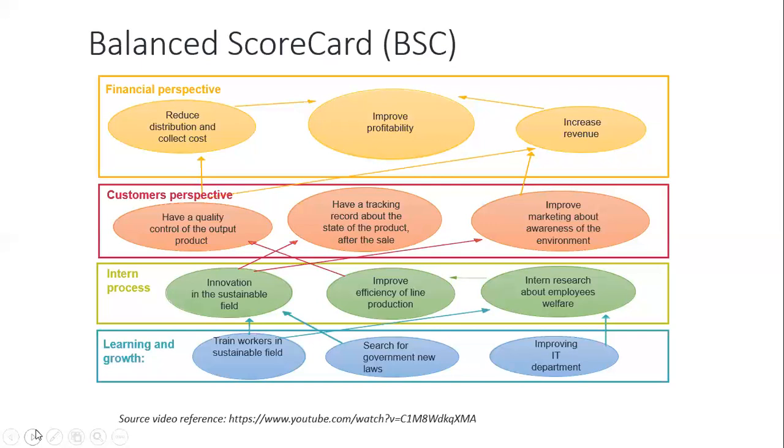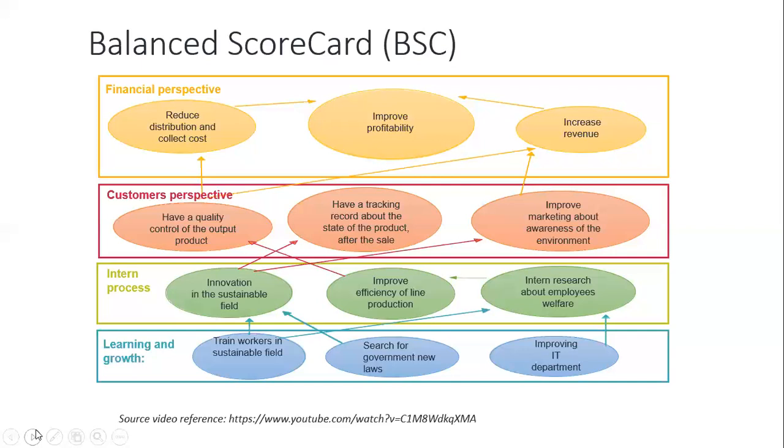And finally, the financial perspective: reduce distribution and collect cost. If we reduce the distribution and collect cost, we can have an improvement in profitability. We need to have a profitable company, because if not, we won't be capable to work, and the company won't be there anymore.